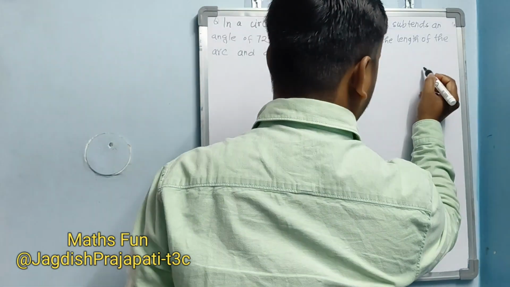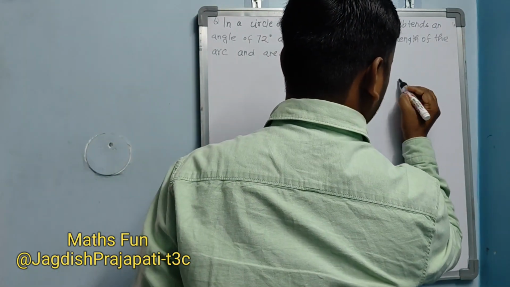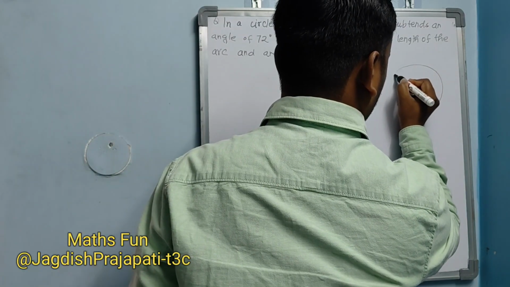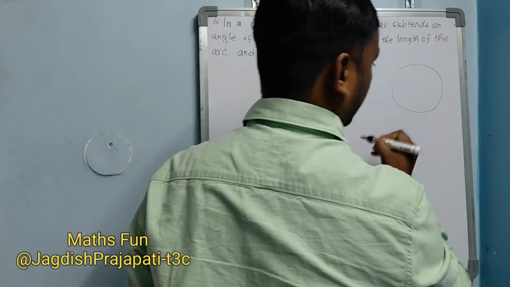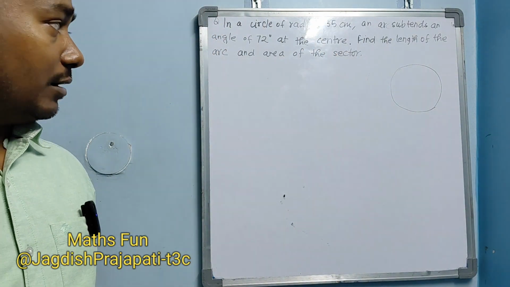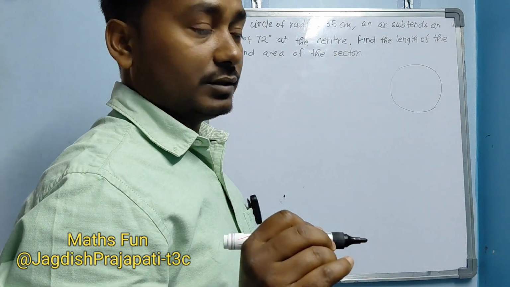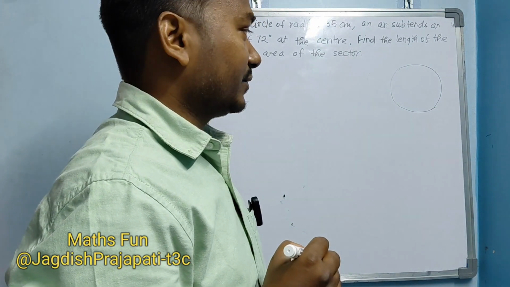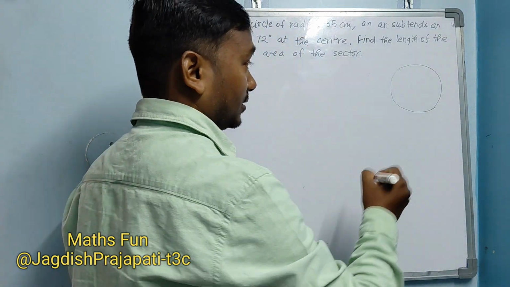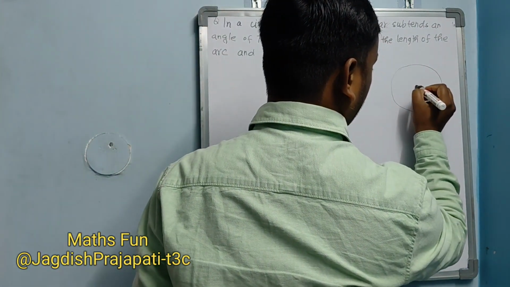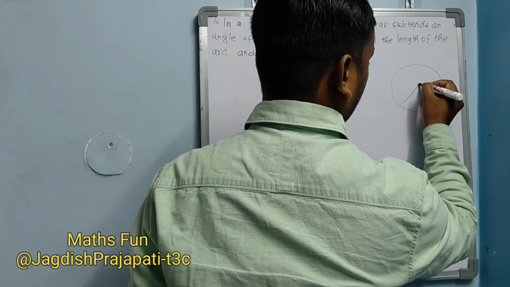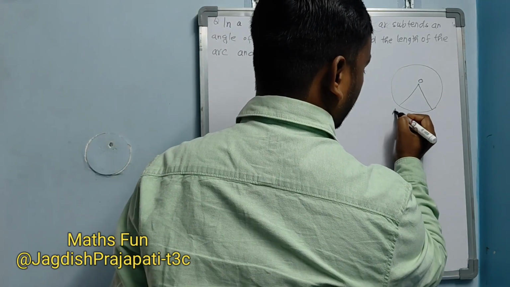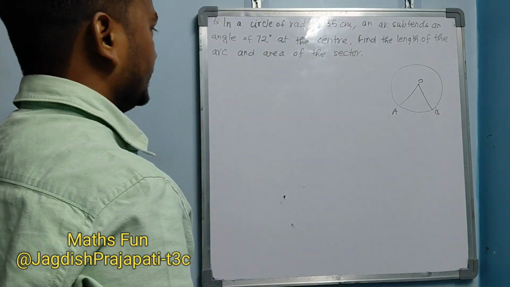Okay, so let us visualize it. I am drawing again and again here so that you may also be confident to draw this circle and understand the concept clearly: what the sector is and the related things. Let's say this is center O and this is sector AB.